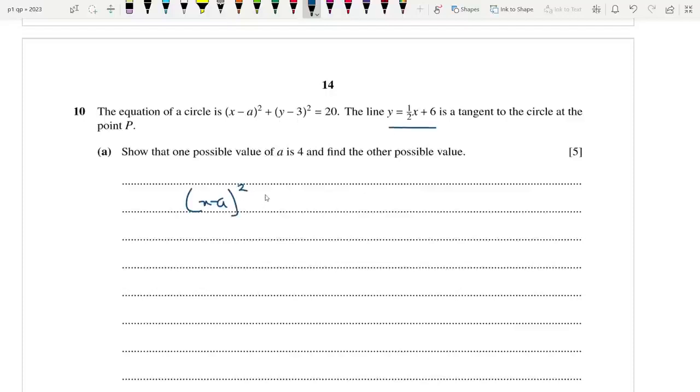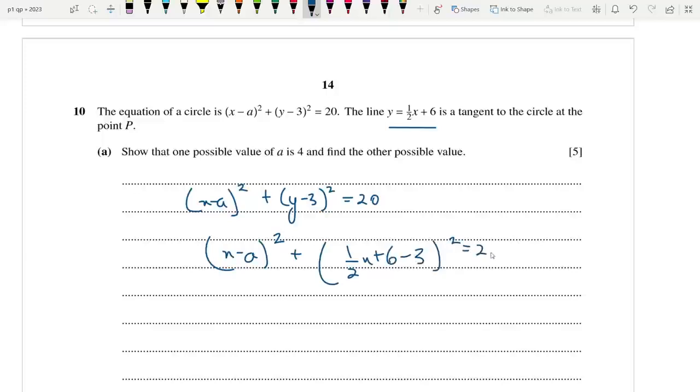(x minus a) whole square plus (y minus 3) whole square equals 20. (x minus a) whole square plus (half x plus 6 minus 3) whole square equals 20. So (x minus a) whole square plus (half x plus 3) whole square equals 20.